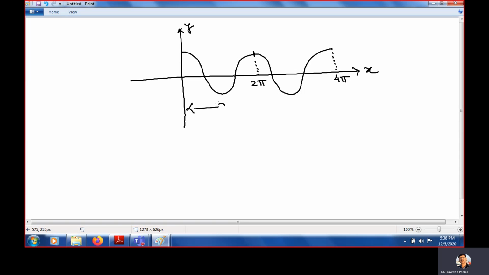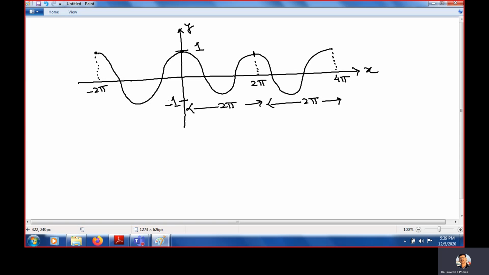So this 2 pi interval, then see coming down, and then this 2 pi interval. Okay. So it is coming here. If you want to draw the negative side also, then we can draw it. It will be like this, it is -2 pi. So this maximum value is 1 and the minimum value is -1.